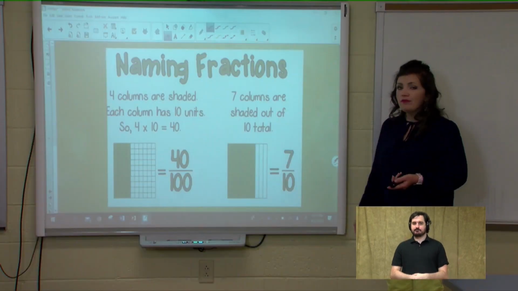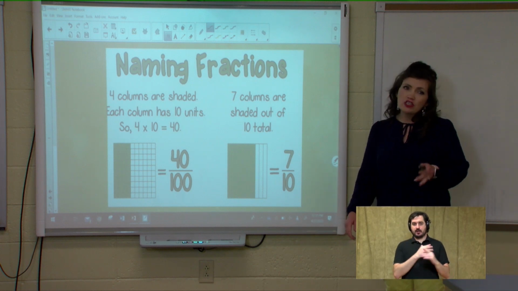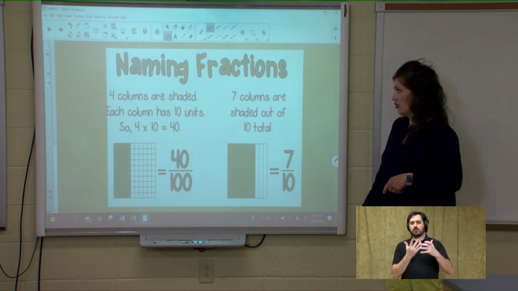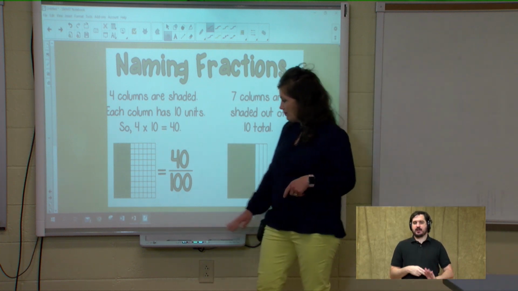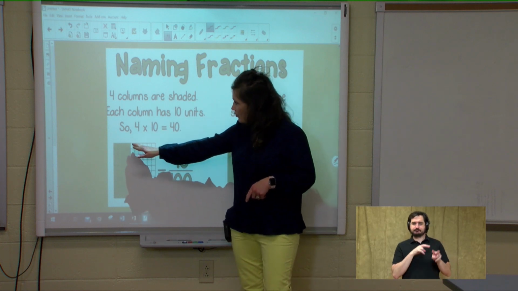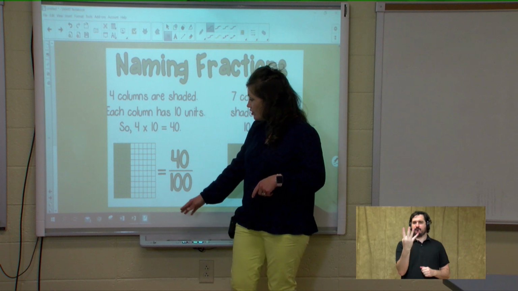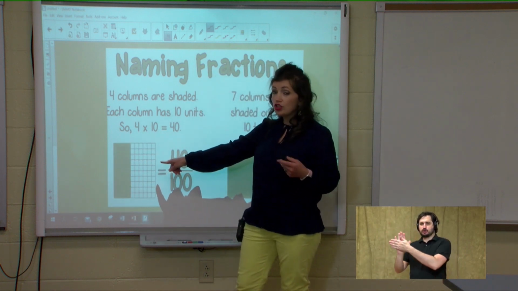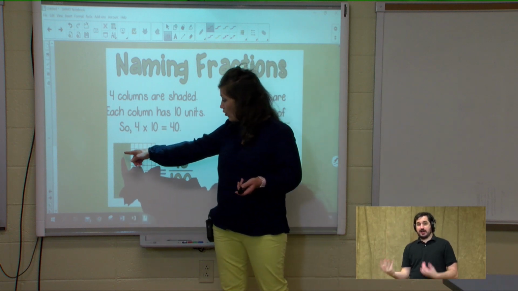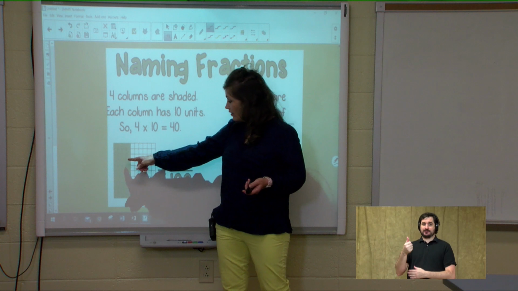All right, so before we start finding equivalent fractions, let's talk about naming fractions first. I'm sure this is a review for you. So let's look over here at this base 10 block. We see that we have 4 columns shaded. Since we have 4 columns shaded, there's 10 total columns, so we have 4 tenths or 40 hundredths.